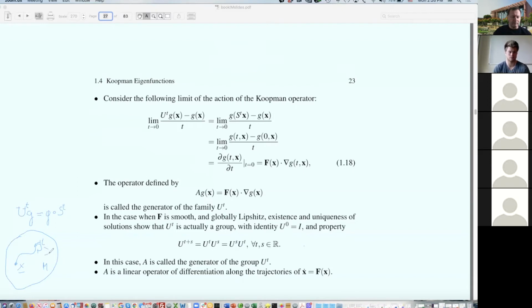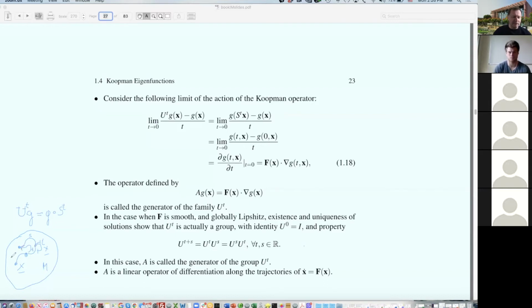And now the main point here is that if I go from x to St x and then decide to go a little bit further for another duration of time s, it really doesn't matter whether I went first for time t under the flow and then time s, or I first went for time s up to here, and then for time t to this final point.